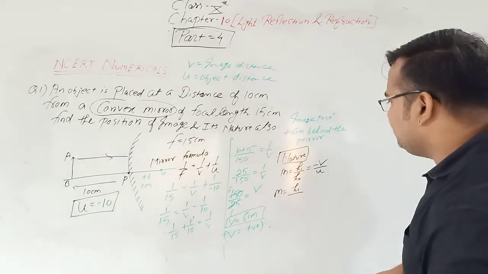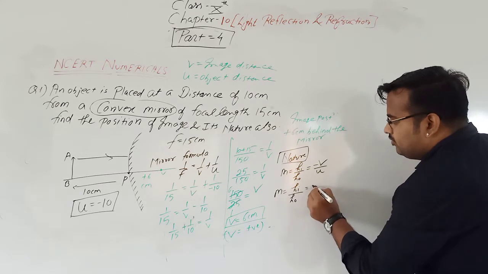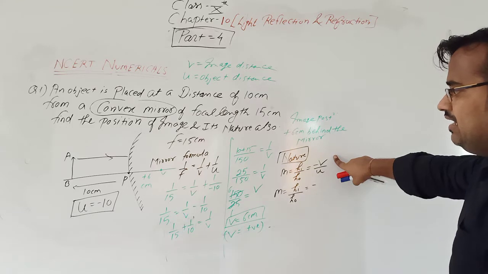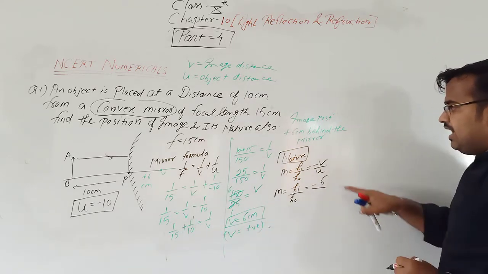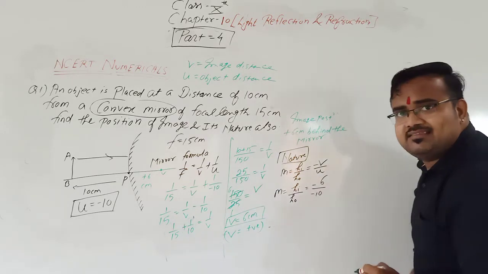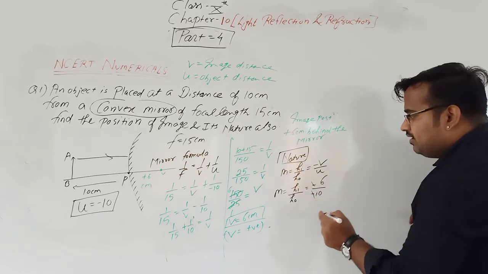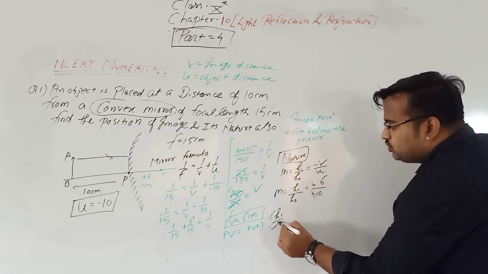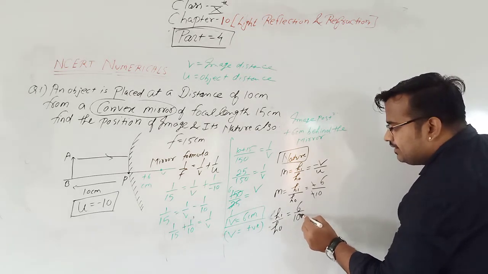Height of object is also not given. So it is equal to minus v upon u. V is 6 centimeter and u is minus 10 centimeter. So minus and minus have cancelled out. So hi upon ho is equal to 6 upon 10.